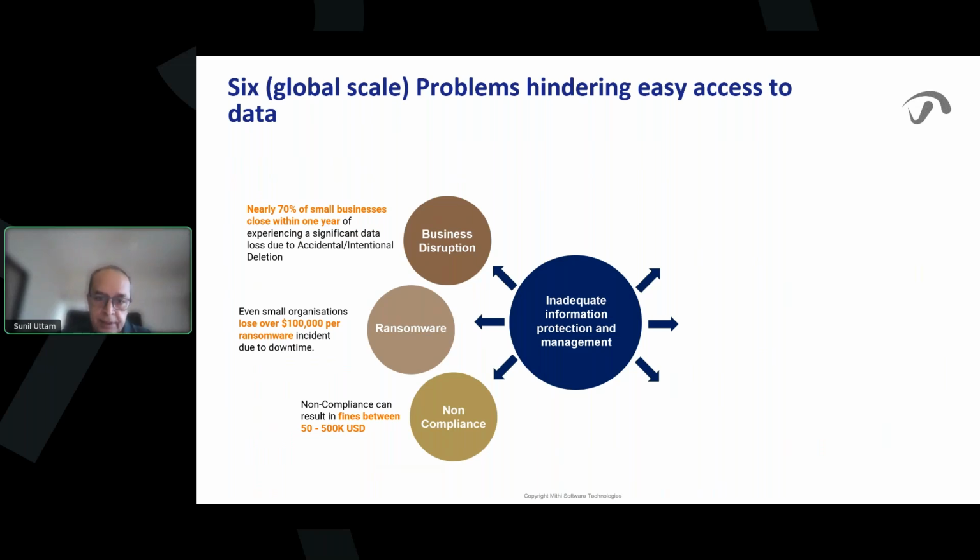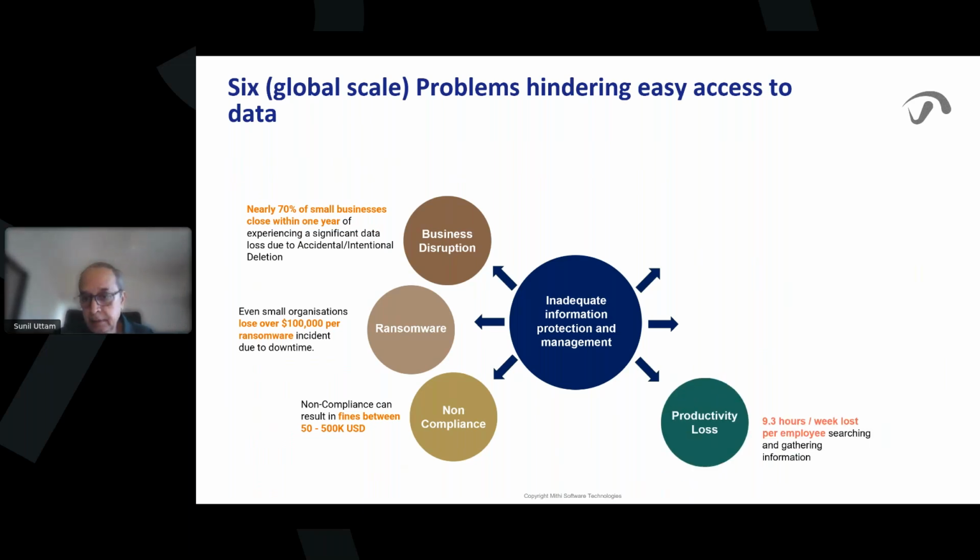And it has to be done on an ongoing basis. Literally, you need to have a compliance team to do this, right? But still, because of the complexity of the regulations and because businesses have so many other things to do, they end up paying fines heavily. So this is a big problem to be solved, which hinders the easy access to data or the easy way to serve the demand.